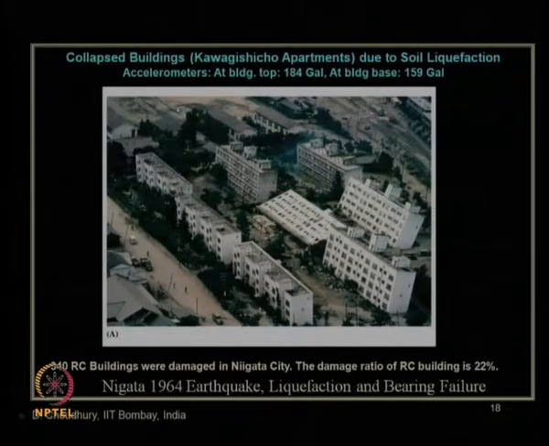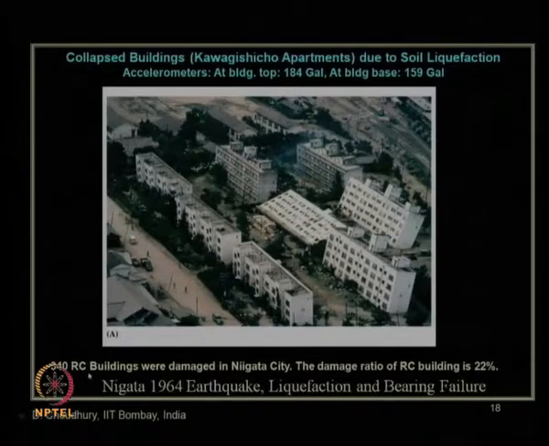This is the cover picture of that book, which we are all familiar with, those who have gone through that book or have seen that book. This picture shows the collapsed buildings of the Niigata 1964 earthquake, either because of liquefaction failure or bearing failure or a combination of that.